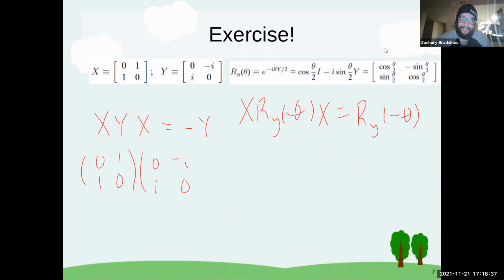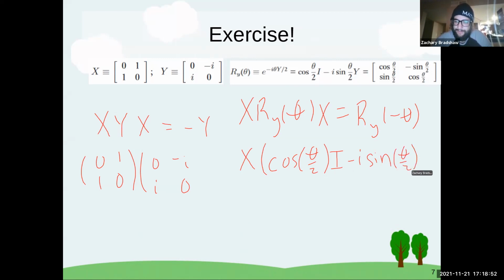Okay, so X Ry of theta, that's X times cosine theta over 2 I minus i sine theta over 2 times Y. And then there's an X on that. There's an X here. And that's equal to, so we distribute the X. Cosine theta over 2 is a scalar.